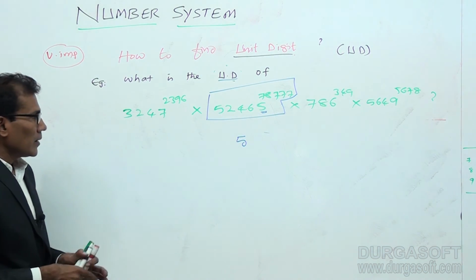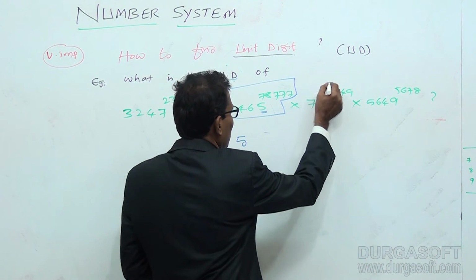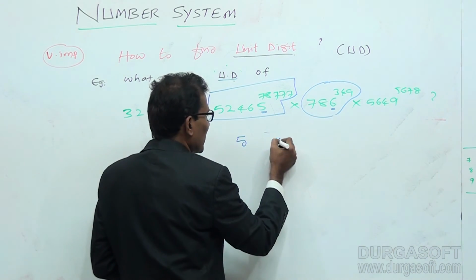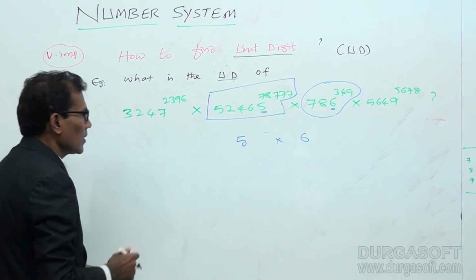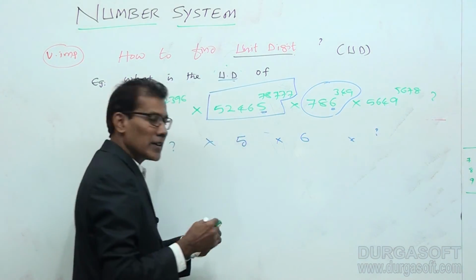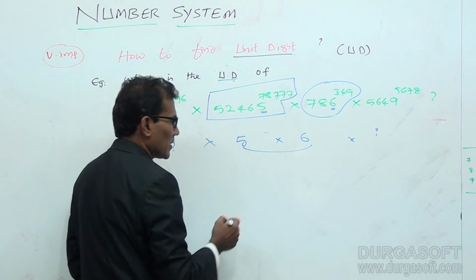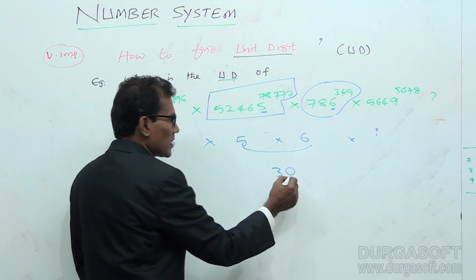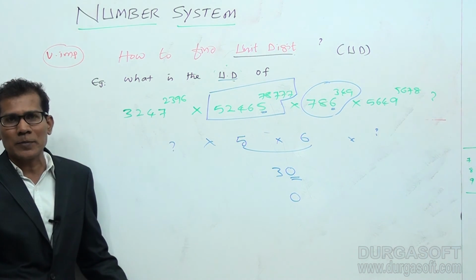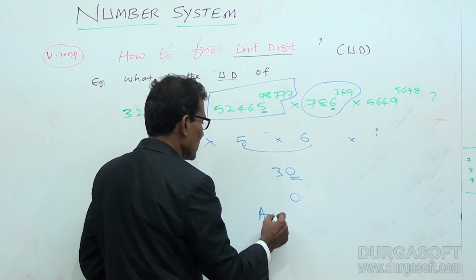In this case the unit digit of the base is 6, so here also we get 6. We don't know what this number is, and we don't know the unit digit over here. Need not calculate those unit digits. Why? Because when 5 into 6 is multiplied, you get 30. The unit digit is 0. If the unit digit is 0, whatever these numbers are, when any number is multiplied by 0, finally we are going to get 0. Therefore, for this question, your answer is going to be 0.